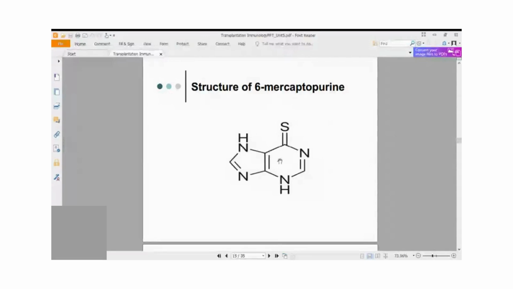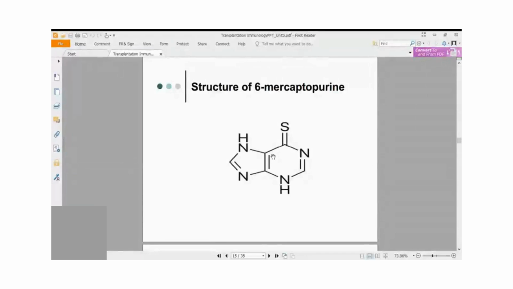The gene will be silenced because this nitrogen base, like 6-mercaptopurine, which is substituted for any of the purines like guanine and adenine, or that DNA will be useless.